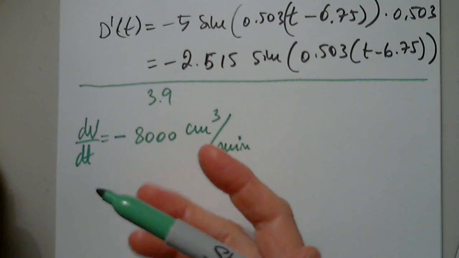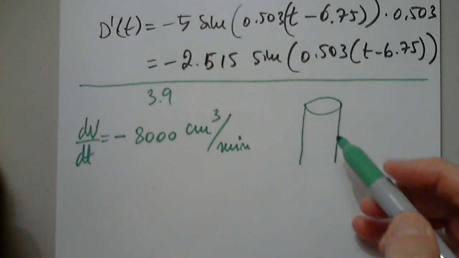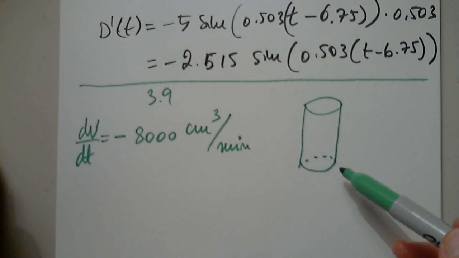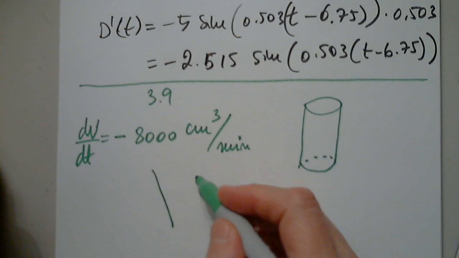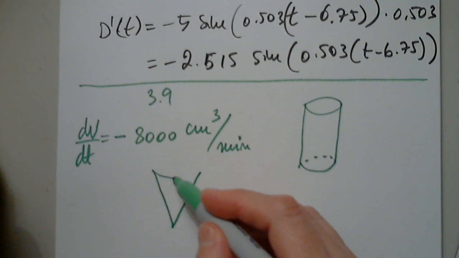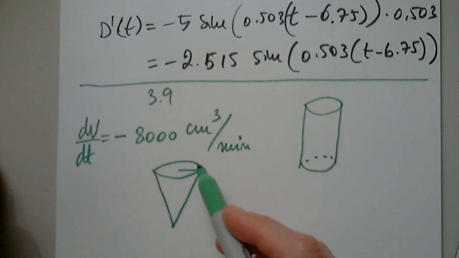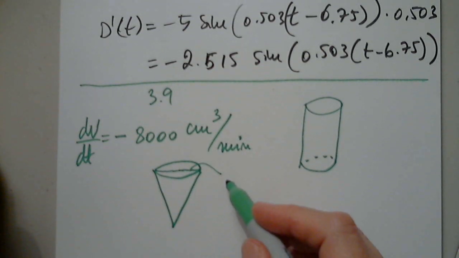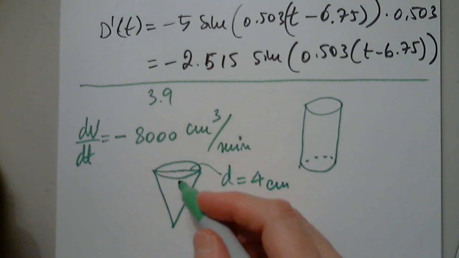But is it cylindrical? Yeah, cylindrical. Okay. So you said it's inverted conical, actually. So it's a cone? Yeah. So what is the radius here? The diameter at the top is 4, and the tank has a height of 6.